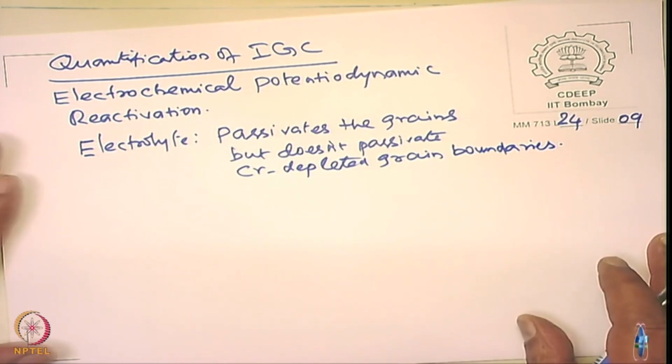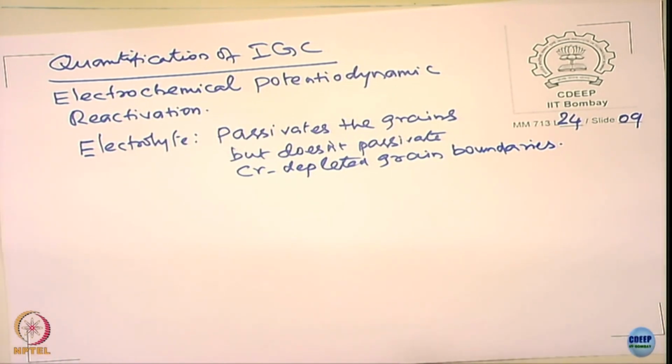Please notice this, okay. Only chromium depleted grain boundaries it does not passivate, but the non-sensitized grain boundaries as well as the grains remain passive, right. So the selection of this electrolyte should be such that this character is given to the electrolyte, okay.